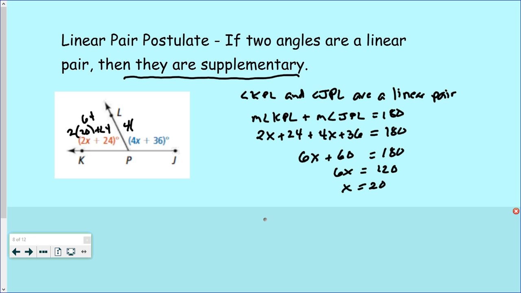And 4 times 20 plus 36. See, 80 plus 36 is 116. And so the two angles would be 64 and 116. Remember to pause here if you don't have everything copied.